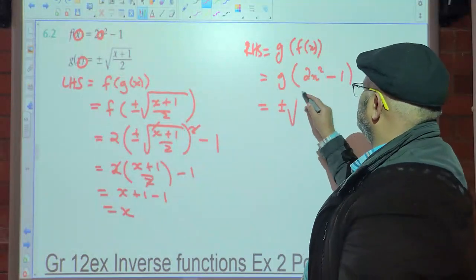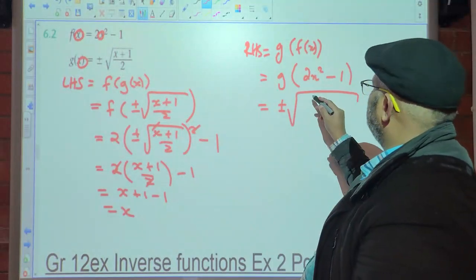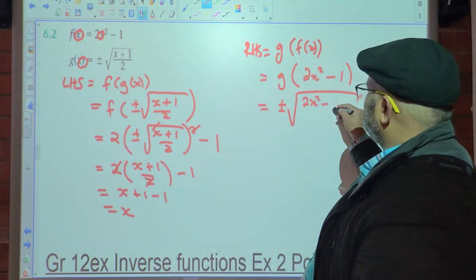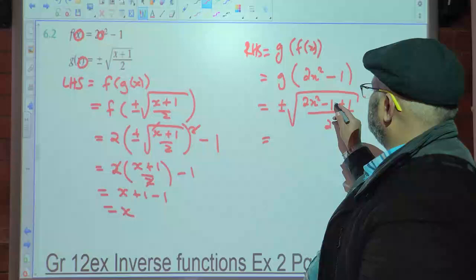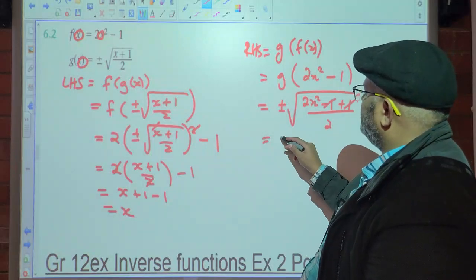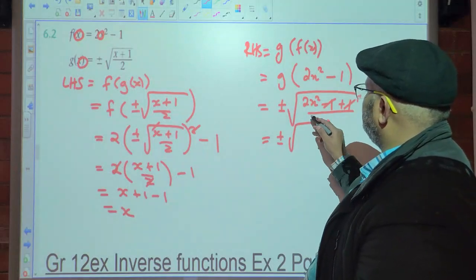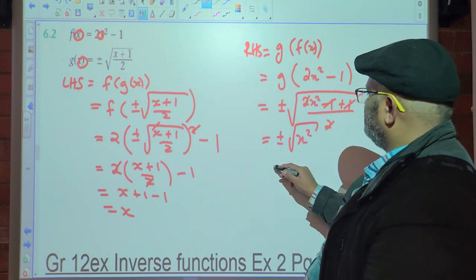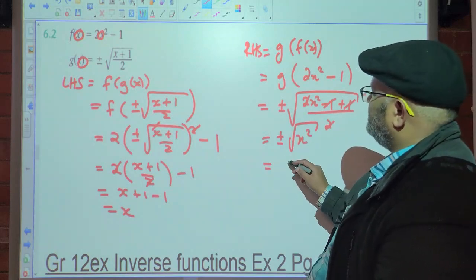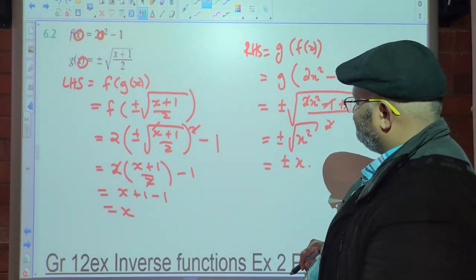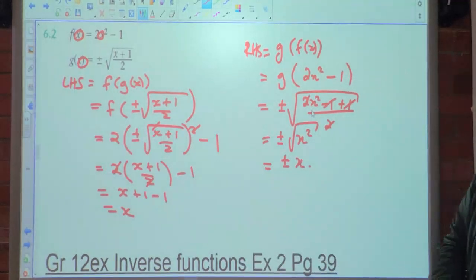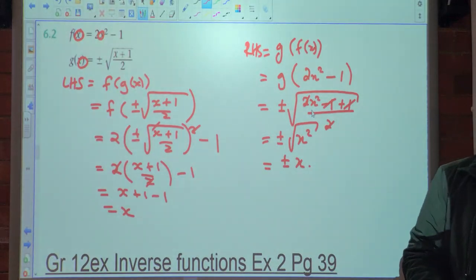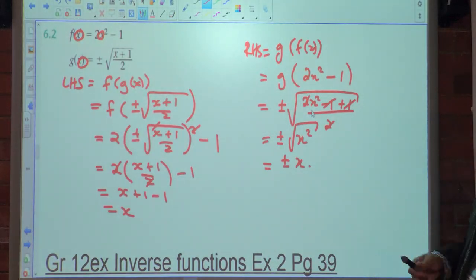So that's plus minus the square root of 2x squared minus 1 plus 1 over 2. That cancels. So it's plus minus the square root of x squared, which gives you plus minus x. So is that the same? No. So therefore they're not inverse functions to each other.